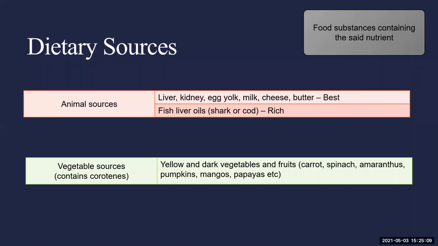Vegetable sources are good. Why? Because in vegetable sources only carotenes are present; the other three vitamins are not available. We are categorizing these food materials into three categories based on how much concentration of these vitamins is present. So these are the dietary sources.